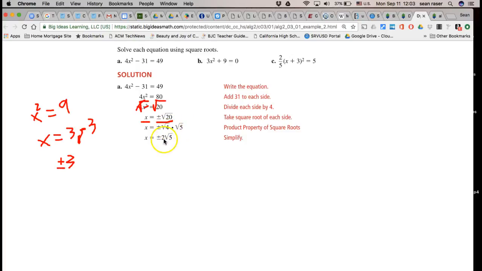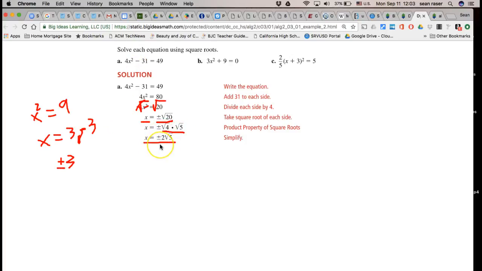Square root of 4 is 2, so we get x equals plus or minus 2 root 5. If you need help remembering how to simplify your radicals, come see me so we can talk about that, or you can go on to Khan Academy or any math website and get some extra practice. But again, this is something you learned in Algebra 1 that you need to remember how to use.